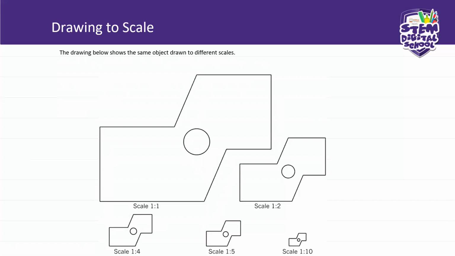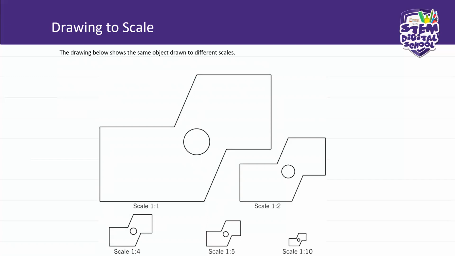You cannot draw a building 1:1. So you have to use a scale that is going to represent the building accurately, so that the builder can look at the dimensions of the drawing and represent them accurately on the ground where the building is being built. So that is the purpose of the scale.